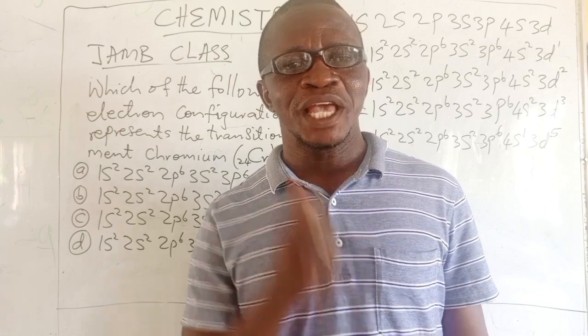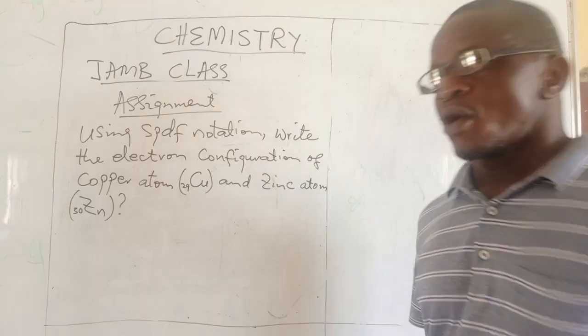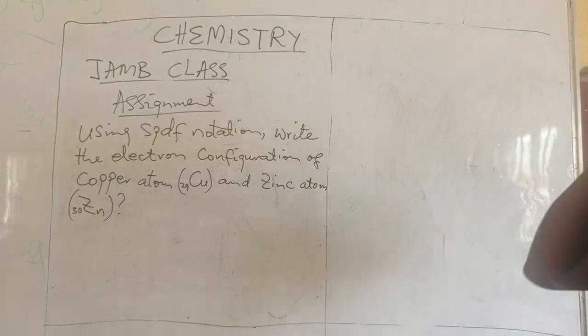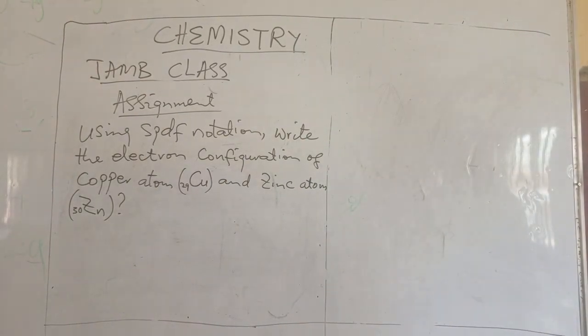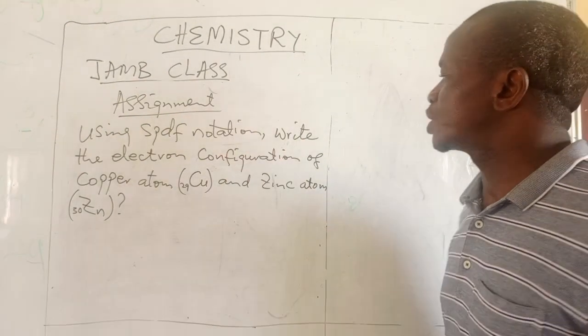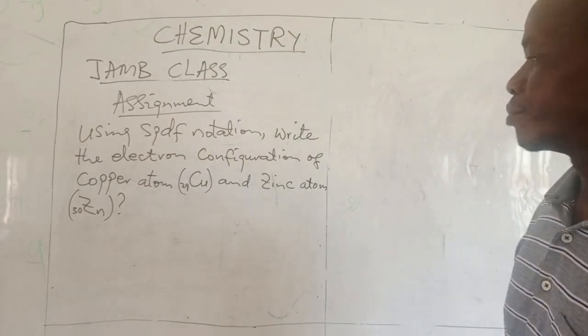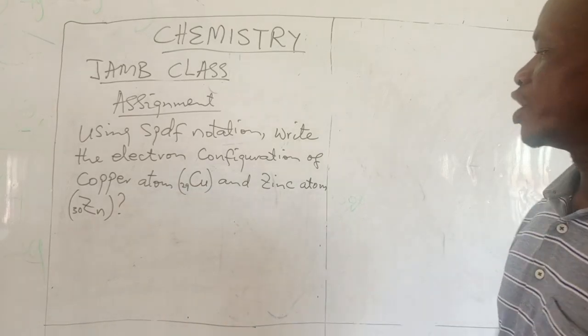Now let me give you a problem to solve. Your assignment is, using spdf notation, write the electronic configuration of the copper atom.